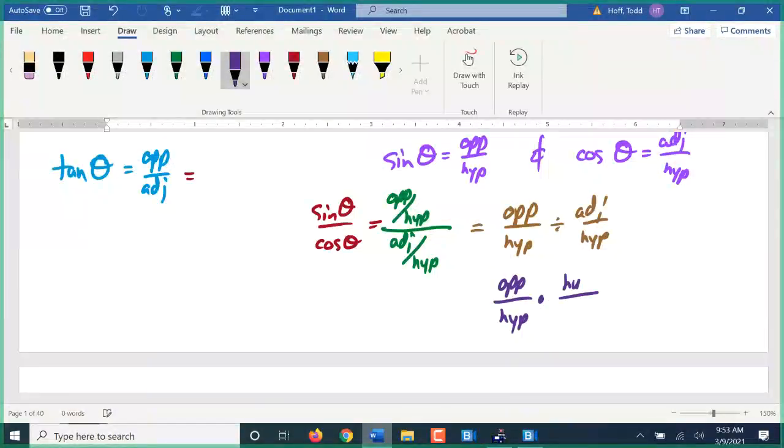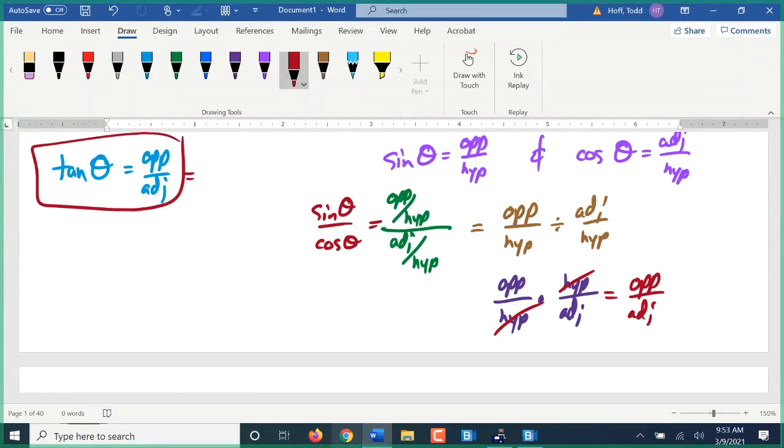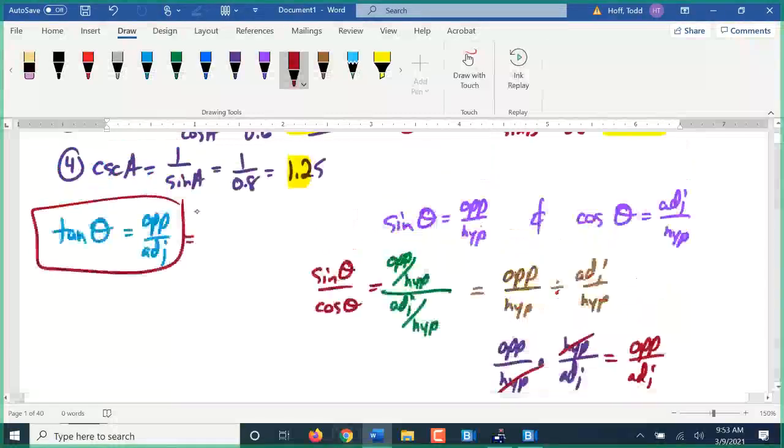So I'll make that hypotenuse over adjacent. And you can see that the hypotenuse cancels out. So what I actually have here is opposite over adjacent, which is my definition of tangent. So the tangent of an angle can be found by doing the sine of the angle divided by the cosine of that angle.